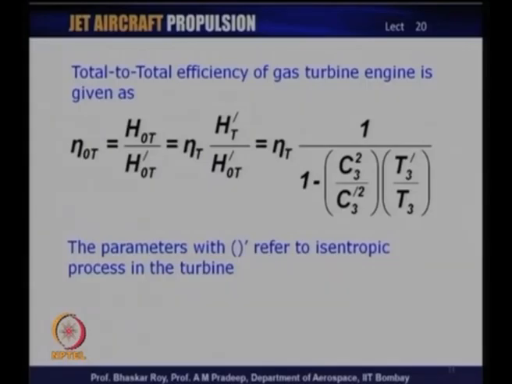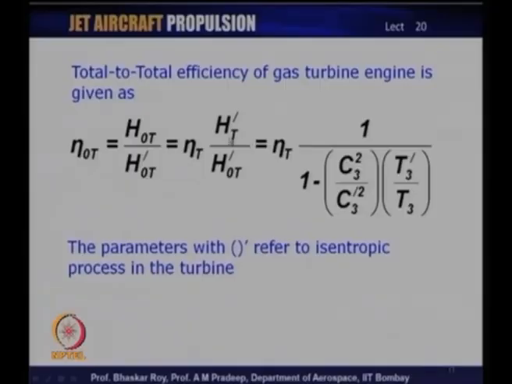Of course, the important parameter that one looks at in case of a typical working of a gas turbine is the total efficiency. This is with reference to the so called total parameters, which we have talked about a little when we discussed thermodynamics of turbines. And this is simply the ratio of the actual work done divided by the isentropic or the ideal work done.